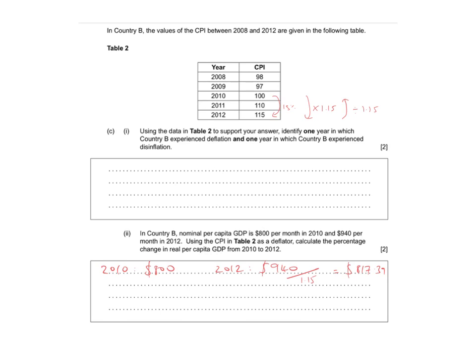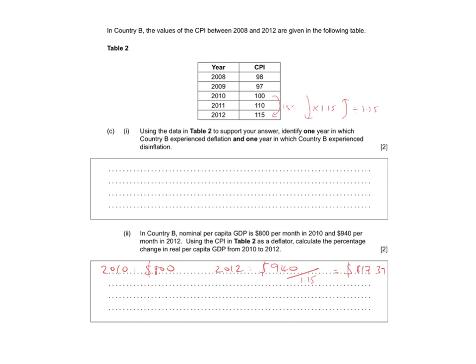Notice that we are dividing by 1.15 rather than timesing by 0.85 because we're not trying to reduce the 940 by 15% of its value, but we're trying to find the original value before inflation had taken hold.